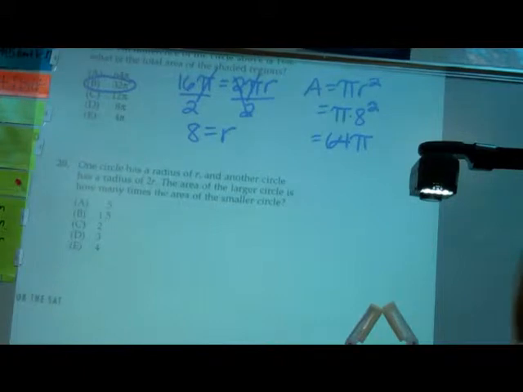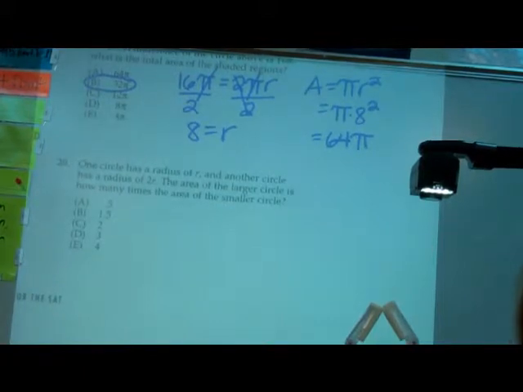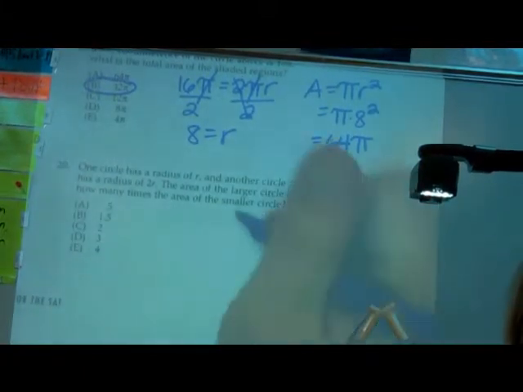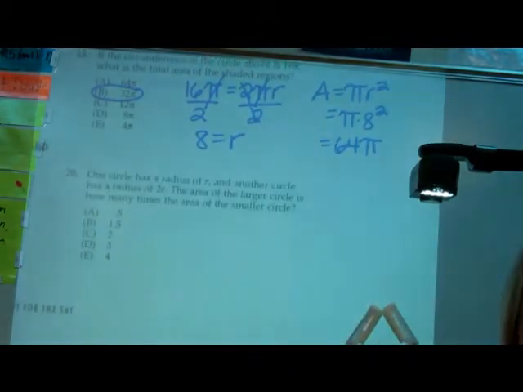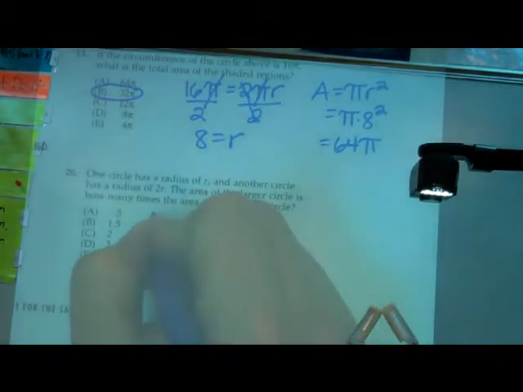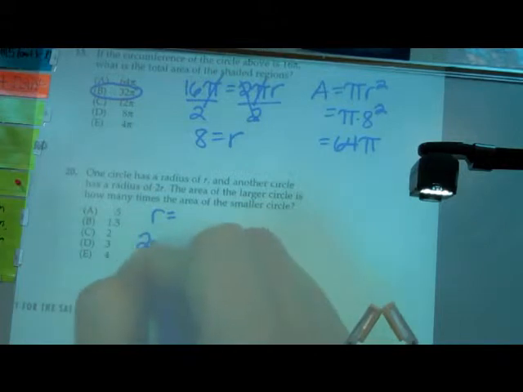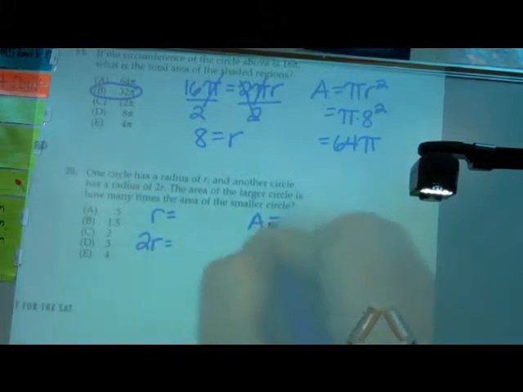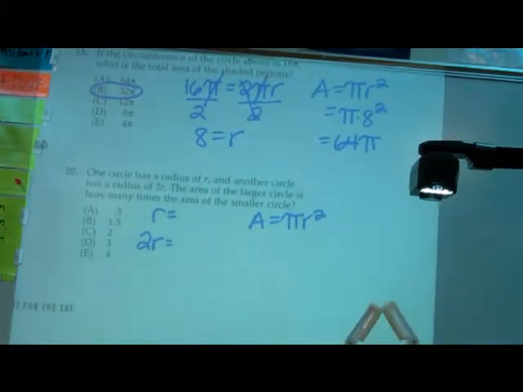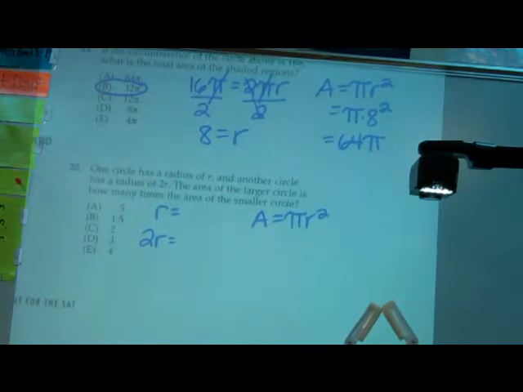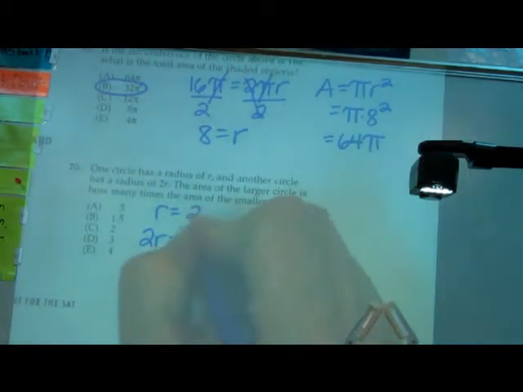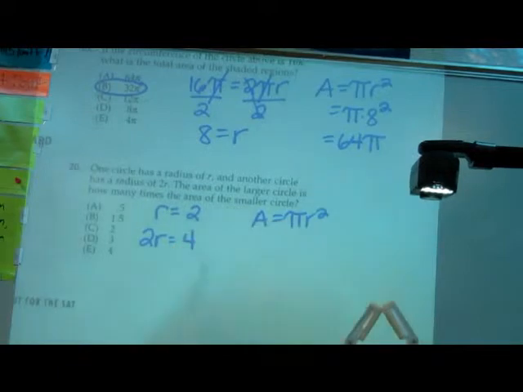All right, one circle has a radius of r and another has a radius of 2r. The area of the larger circle is how many times the area of the smaller circle? I would just make something up for these and then figure out what the area would be for each of those. So let's say I make the smaller circle have a radius of 2 and the larger one have a radius of 4.